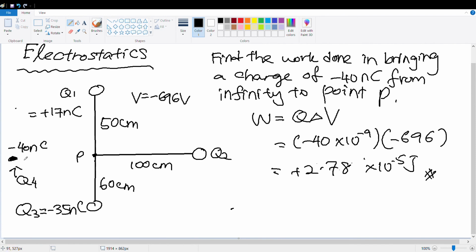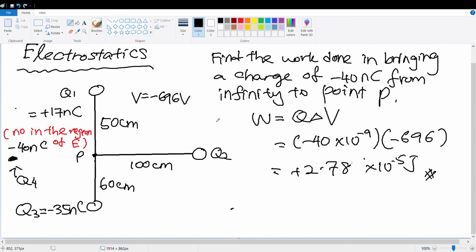So this Q4 is not in the region of the electric field E. This is because this Q4 came from a point which is much further from the region of the electric field, which consists of Q1, Q2 and Q3.